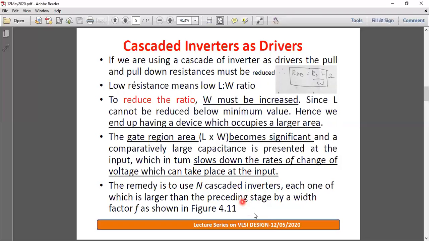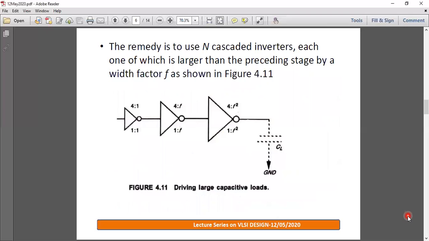Hence, the remedy is to use N cascaded inverters, each one of which is larger than the preceding stage by width factor f. The succeeding stages are larger by factor f compared to the preceding stage. Since these are NMOS inverters, the first inverter has a ratio of 4:1.